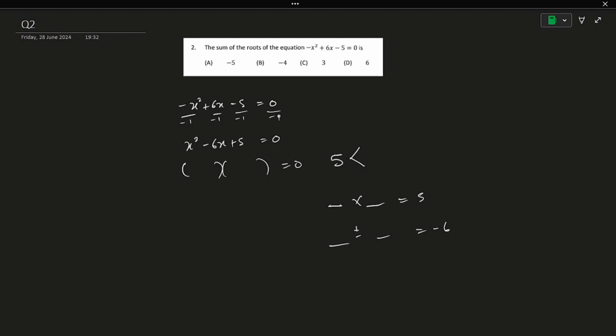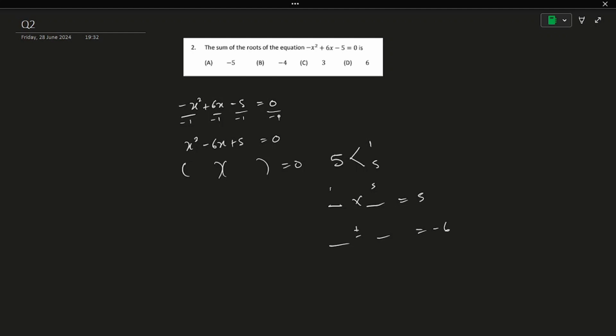What are the factors of 5? The factors of 5 are 1 and 5. 1 times 5 gives us 5, but 1 plus 5 gives us 6, which is not negative 6, and 1 minus 5 gives us negative 4, and 5 minus 1 gives us 4.